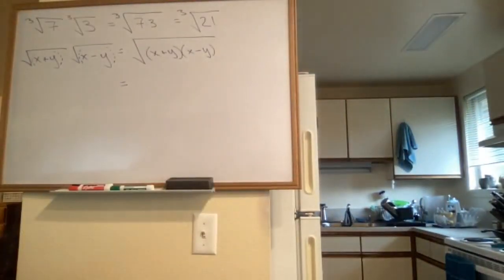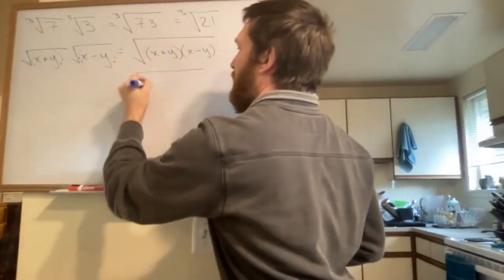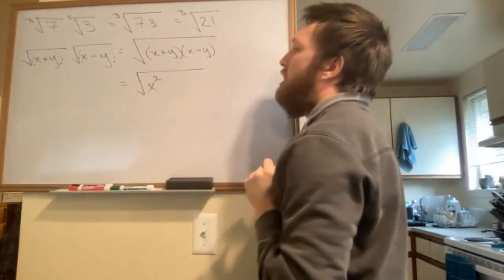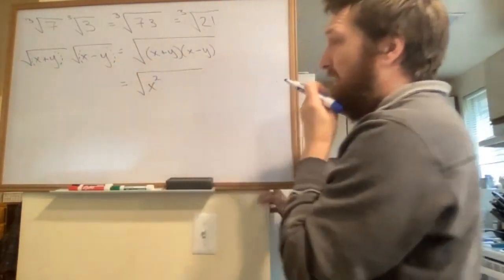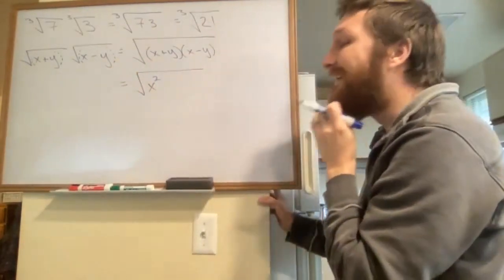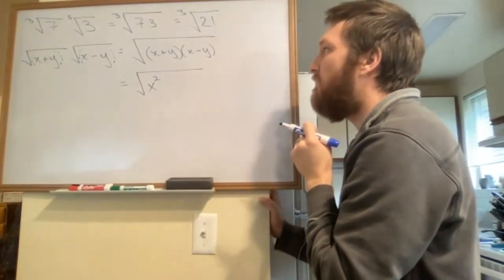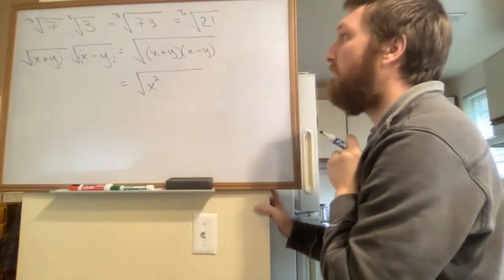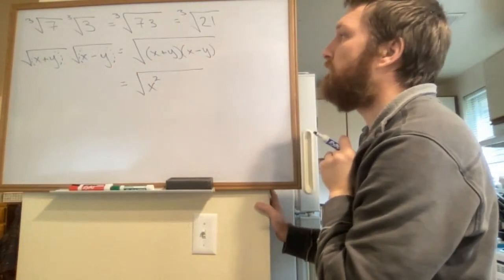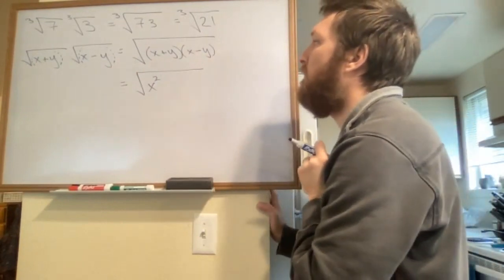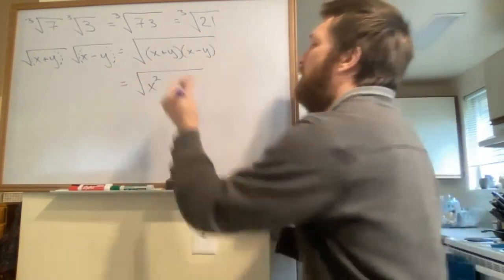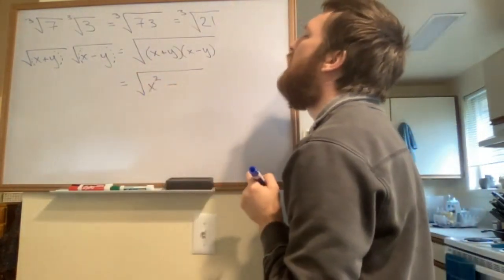And what does that equal? What is x plus y times x minus y? X squared, minus xy plus xy, which cancels, and then minus y squared.